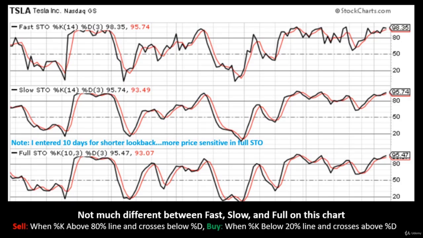So if you look at the first two here, it's the exact same chart for Tesla and the exact same time period. And you can see that the one below, the fast STO, or stochastic oscillator, is a lot more jerky, a lot more up and down, not as smoothed out as far as the black line.